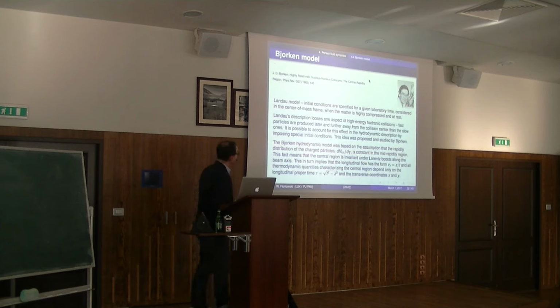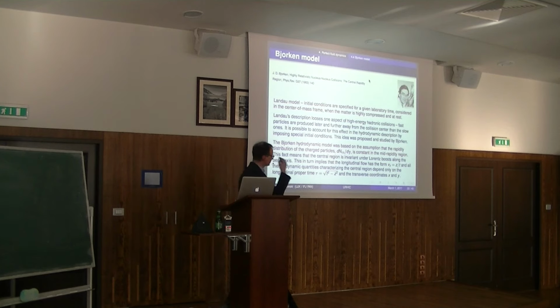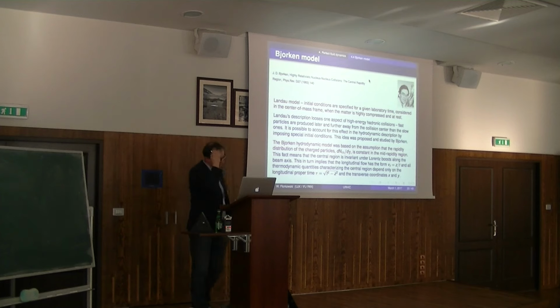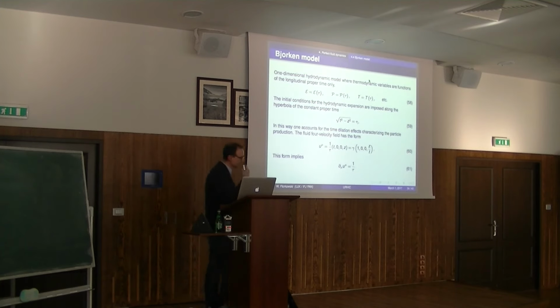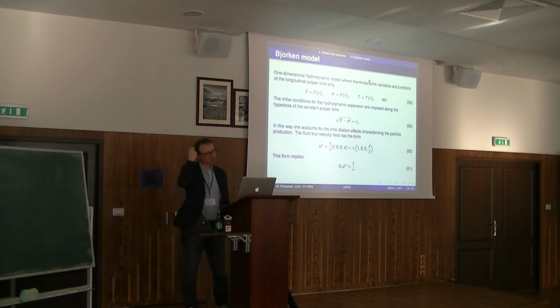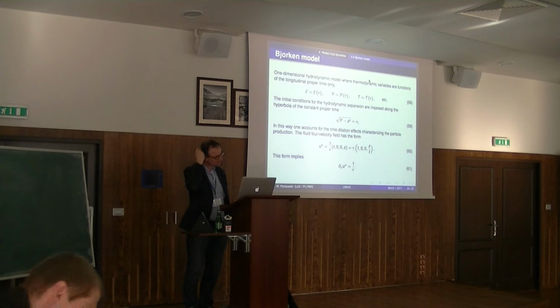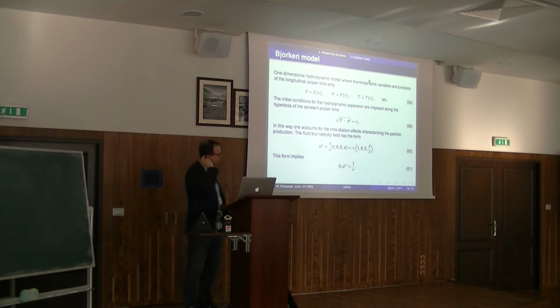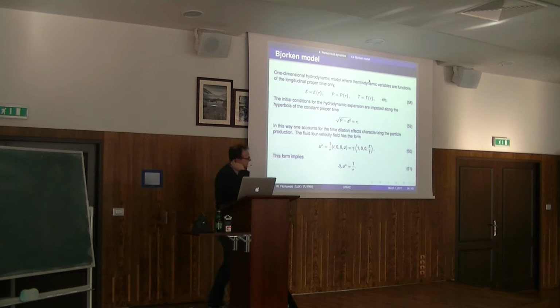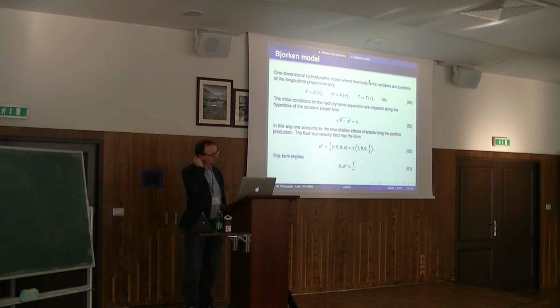Well, so the idea of Bjorken was to use the concepts of boost invariance to construct the hydrodynamic model. And boost invariance implies some conditions for different quantities. Depending on the Lorentz character of some physical quantity, there are different forms which are imposed on this quantity.